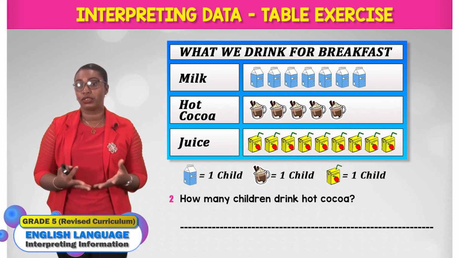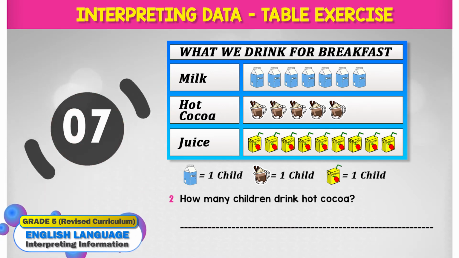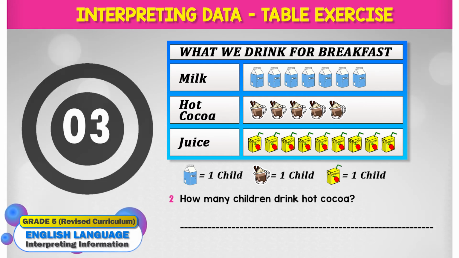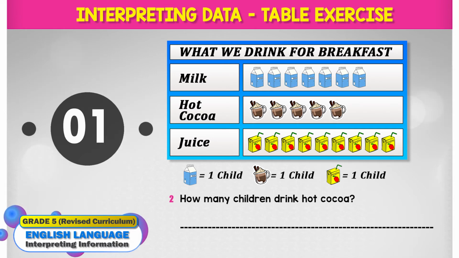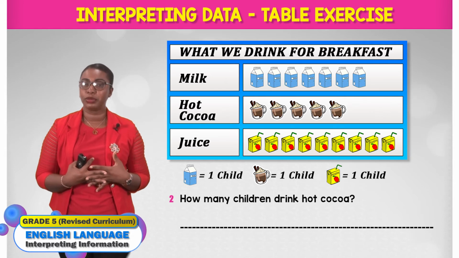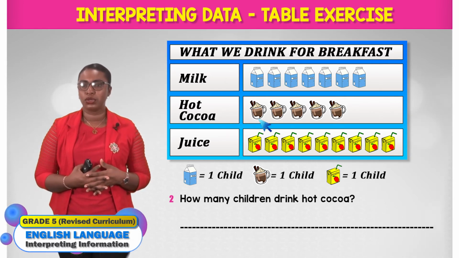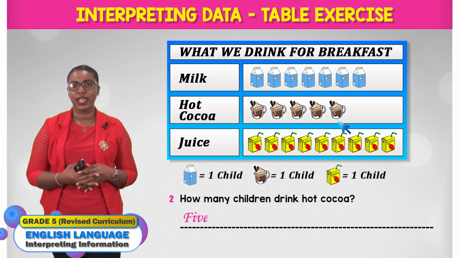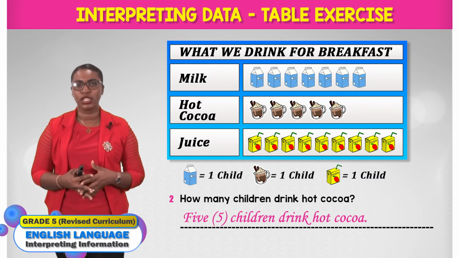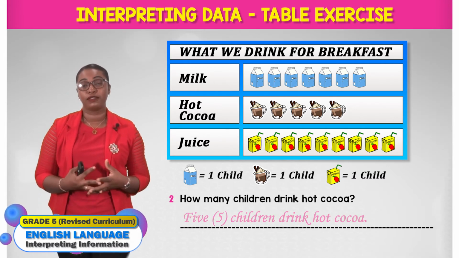How many children drink hot cocoa? You take the same step as when you were interpreting the information for milk and you count 1, 2, 3, 4, 5. You have 5 cups, and because 1 cup is equal to 1 child, it means that 5 children like hot cocoa for breakfast.